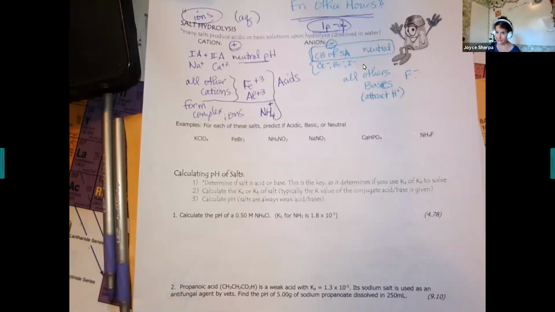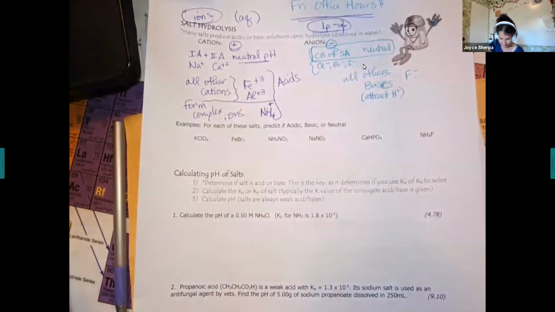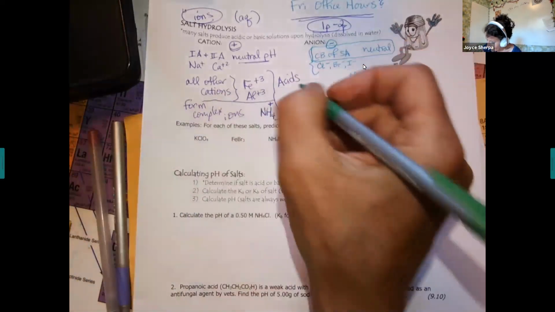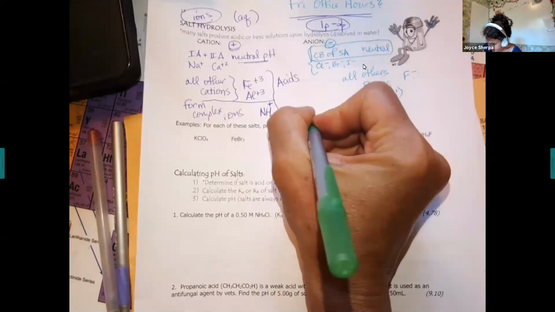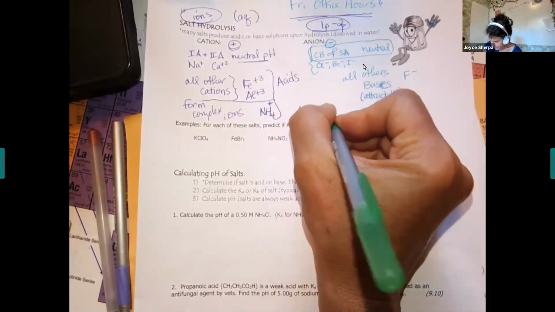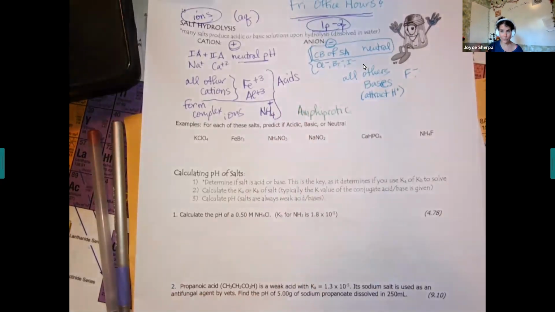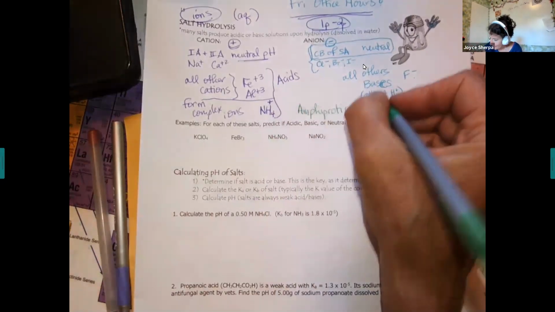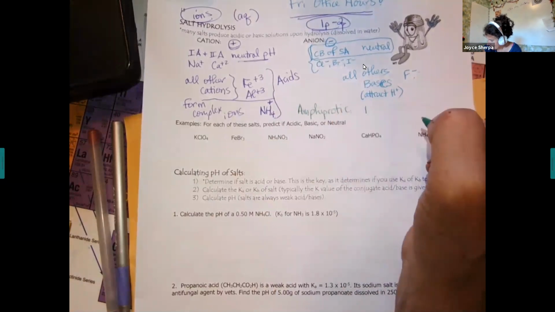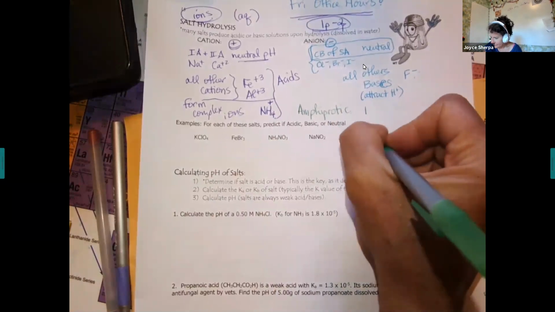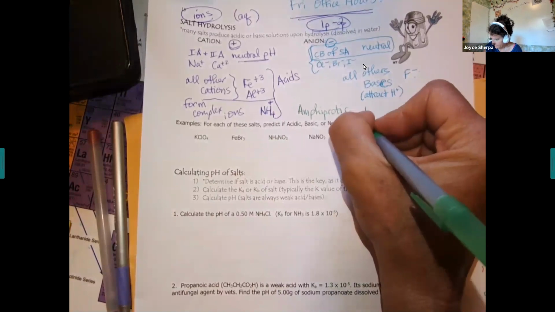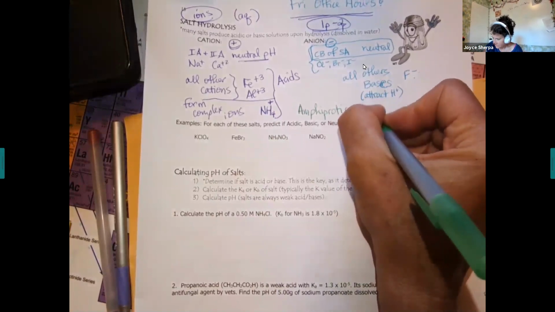All right, there is one other situation, because there always is, and we'll use a different color. There are some things that are amphiprotic. I already alluded to this in that equation that we did. Let's do it with this one, and say we get HPO4.